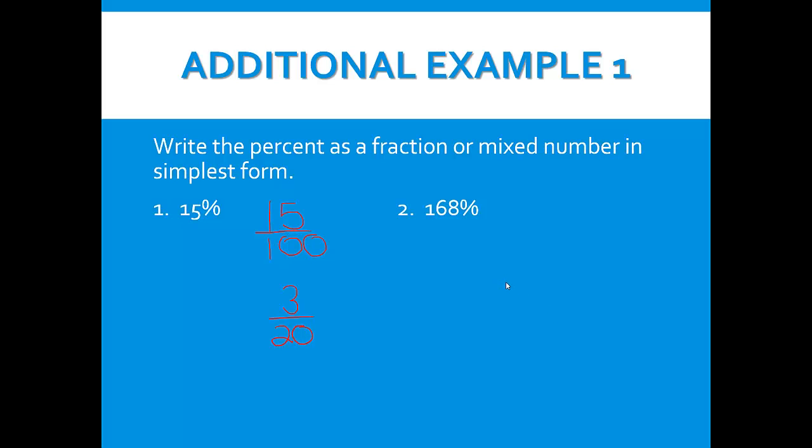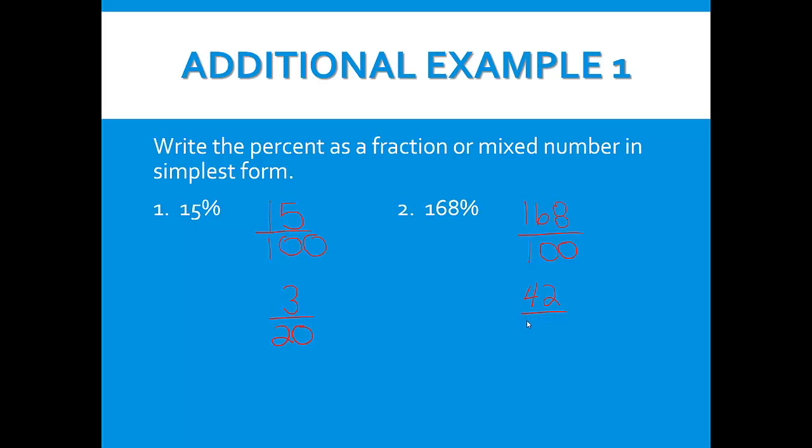For number 2, we have 168%. First, we're going to write 168 out of 100. And then we can simplify by dividing them both by 4. 168 divided by 4 is going to be 42.